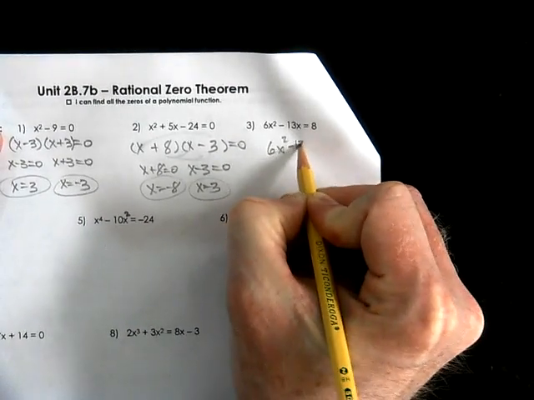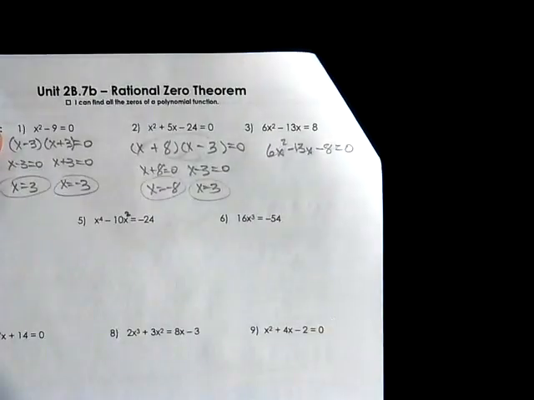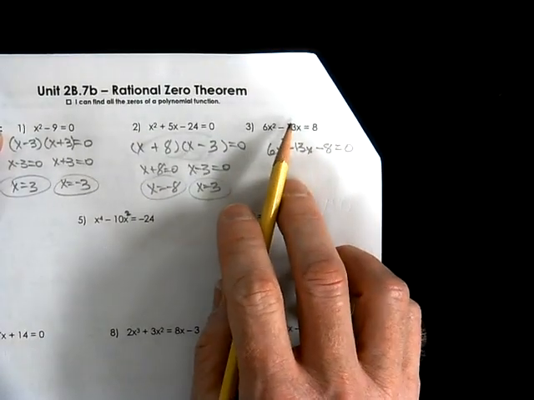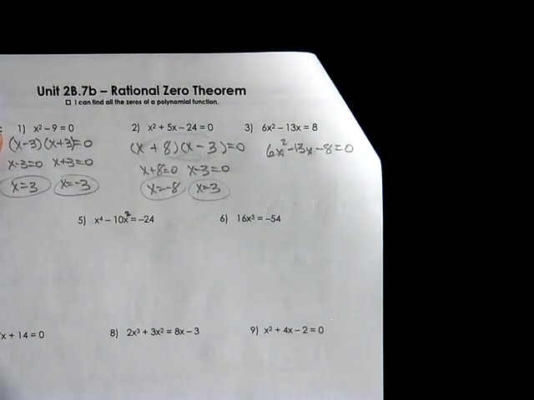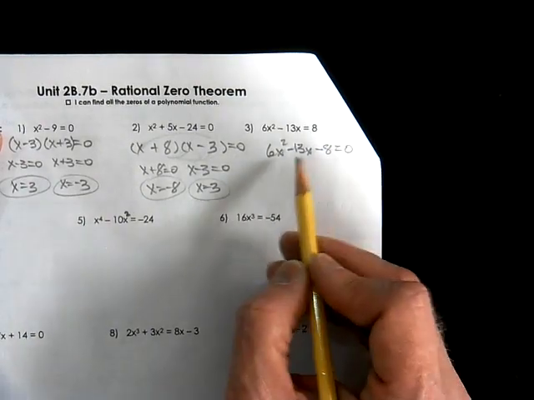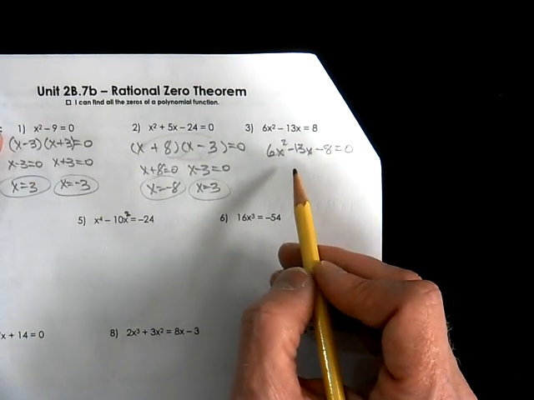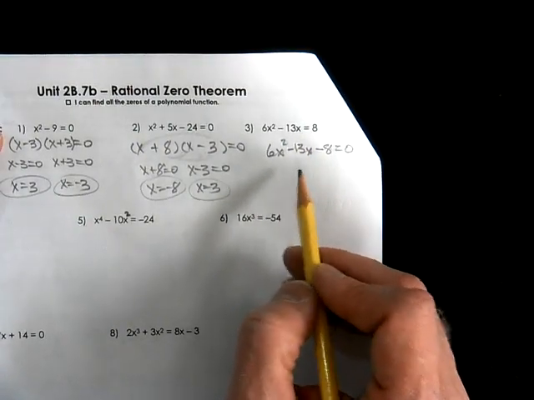6x squared minus 3x minus 8. Got to move the 8 back to the other side of the equal sign. You need to make it equal to 0. Now there's a couple different ways we could do this. We could use parentheses for factor by grouping. We could use parentheses to factor by guess and check.